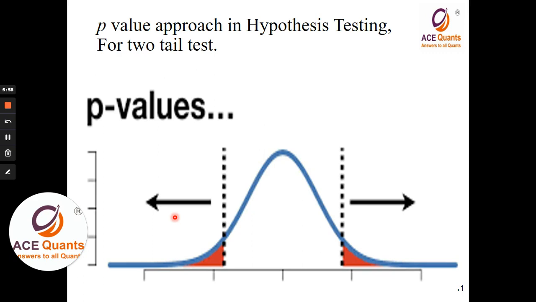Now, what is going to happen if at all we are going to have a two-tailed test? Now, in case of two-tailed test, the area in the left tail is alpha by 2, the area in the right tail is alpha by 2, and depending upon what is your calculated value of the statistic, either z or t, you are going to find the p-value. So let us say for some reason that this is my p-value.